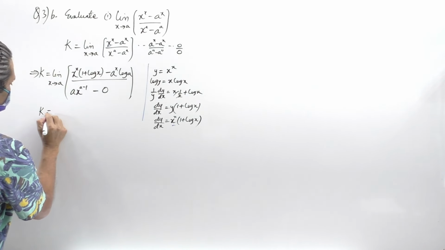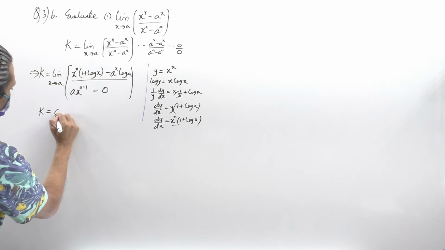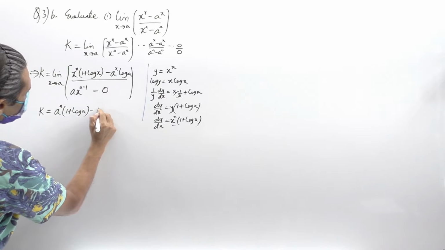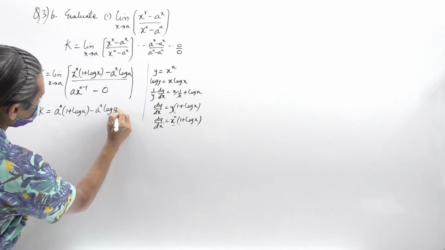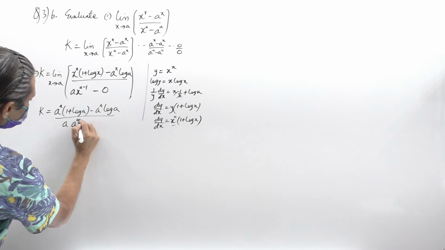So k is equal to, we get a value as c in place of x, put a raised to a into 1 plus log a minus a raised to a log a, whole divided by a into a raised to a minus 1.